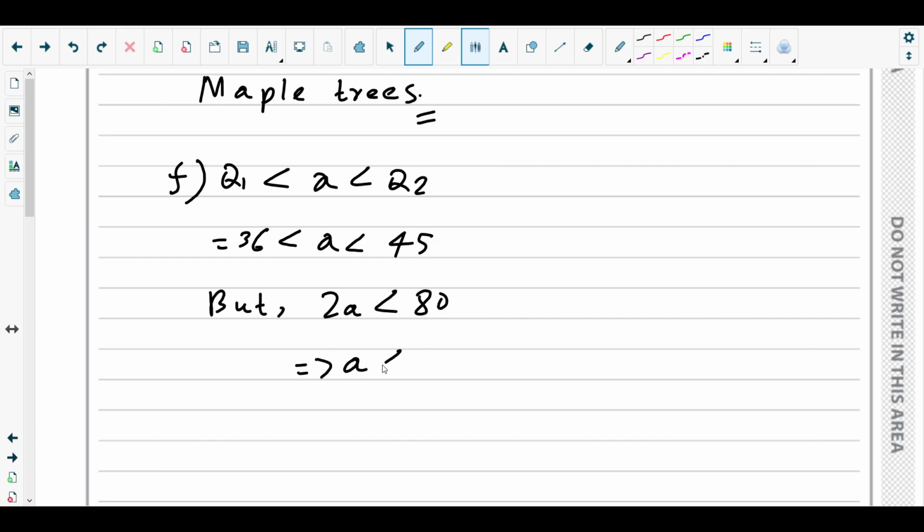So A should be less than 40. Therefore, combining the two ranges of values of A, we can write A should be greater than 36 and less than 40. If this is the scenario, then the addition of the 4 missing data will not change the shape of the box plot.